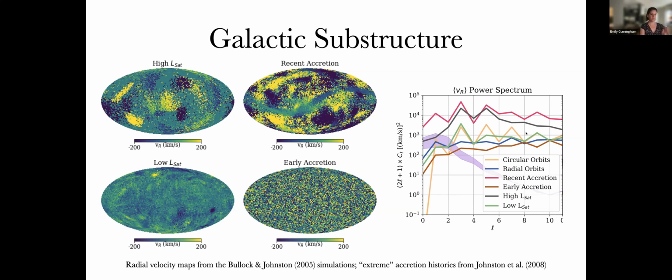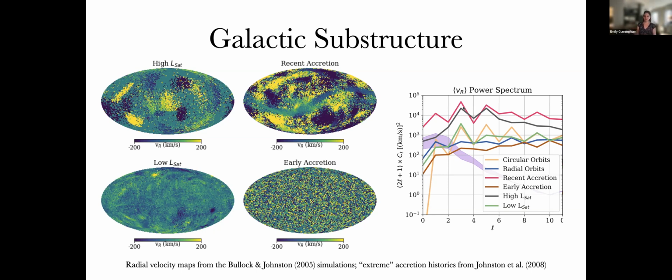All of the Bullock and Johnston halos do. At low L, there's not a lot of competition for the L equals 1, L equals 2 power, except for the halo comprised entirely of recent accretion events, which is shown here in pink, as well as the halo comprised only of high luminosity satellites, which is shown here in gray.